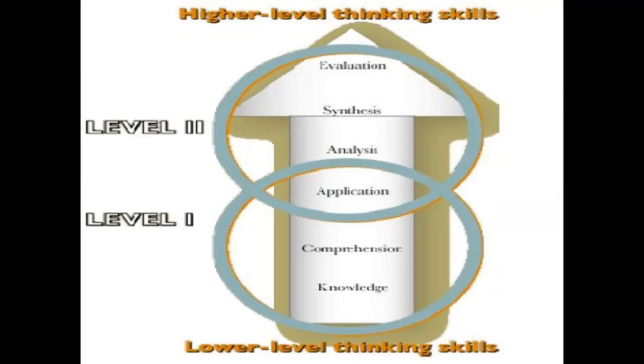However, knowledge, comprehension, and application, these three are known as the low level or level one, and then analysis, synthesis and evaluation are known as level two. So when an examiner is going to construct MCQs for the students, there should be easy questions, intermediate questions, and difficult questions.